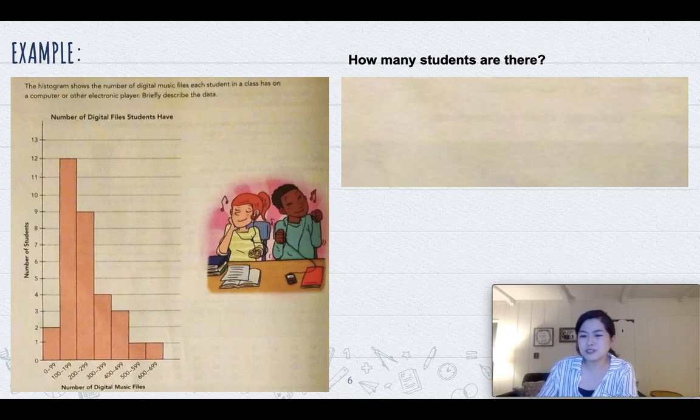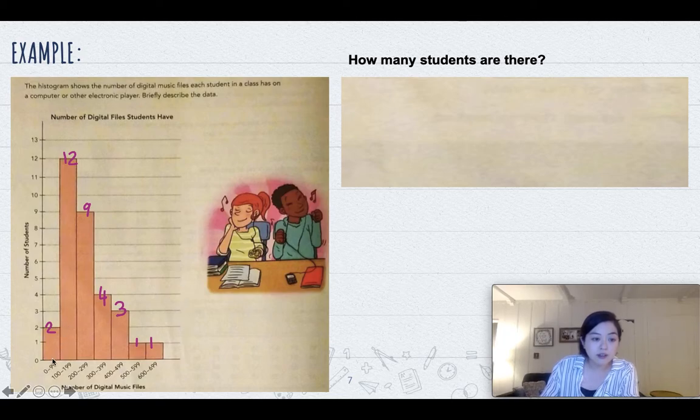So how many students are there? Well, to figure out how many students there are, we have to look at the number of frequencies each bar hits, okay? So let's look here. So here, 0 to 99, it hits at 2. So there's 2 students who download 0 to 99 music files.